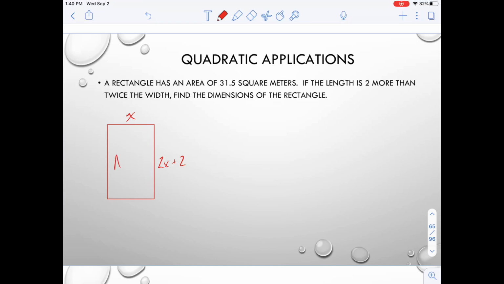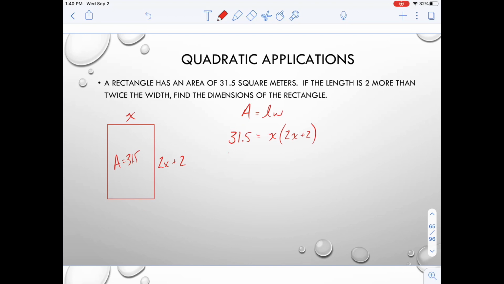Okay, my area is 31.5 square meters. Area of a rectangle is length times width. So let's substitute in. Here I'm going to have 31.5 equals x times 2x plus 2.